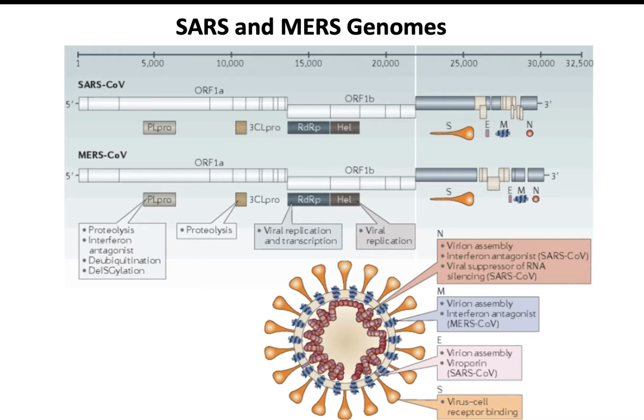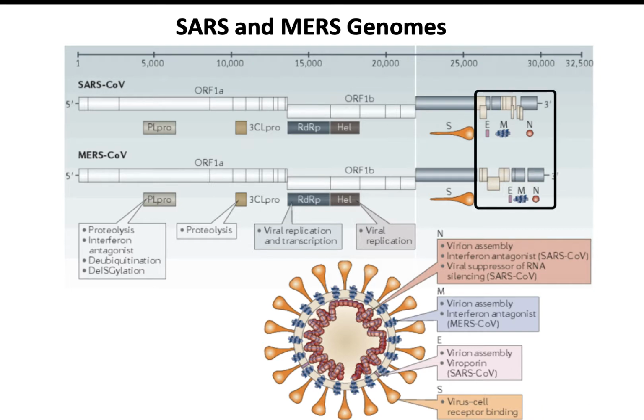And then there's this middle gene, ORF1b, which encodes the viral replication and transcription proteins. And then the S gene there, that's for the spike glycoprotein.